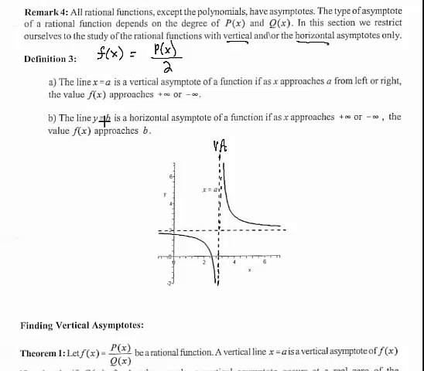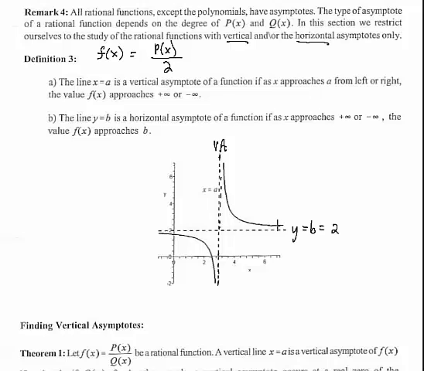Alright. B, the line y equals b, whatever this value is, it looks like y equals 2, so b is 2. Horizontal asymptote of a function: as x approaches plus or minus infinity, the value of f of x approaches b.